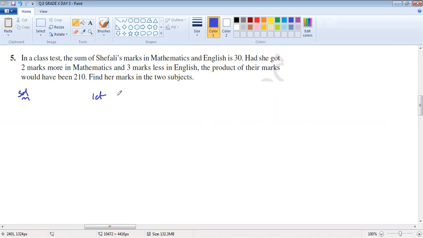Let the marks in mathematics be equal to x. Then English marks: 30 minus x. Am I right, ma? Yes, sir. Now what happens?